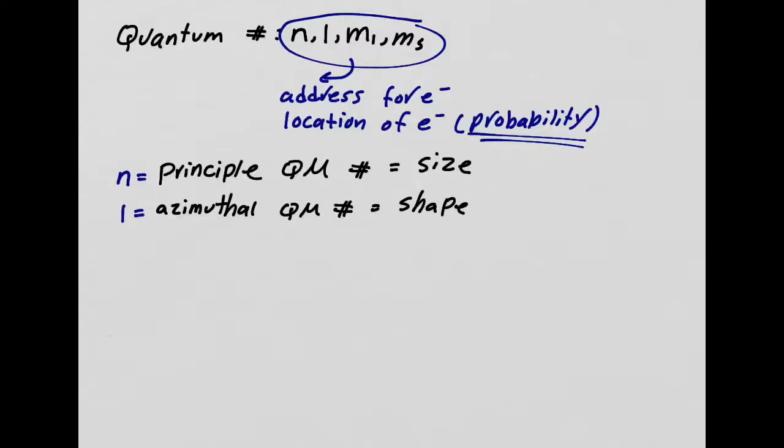The next one is m sub l, the magnetic quantum number, and that one tells us the orientation.